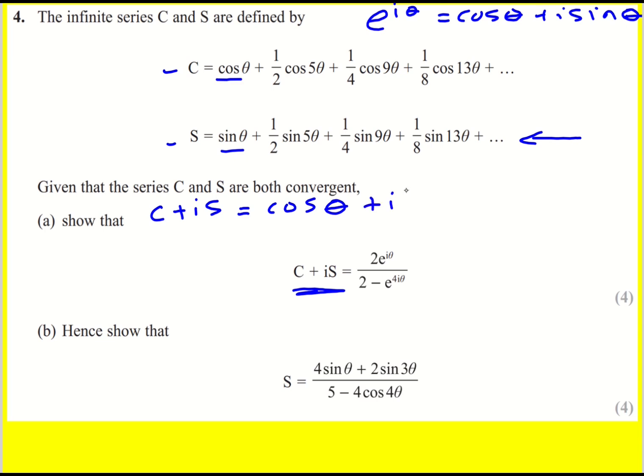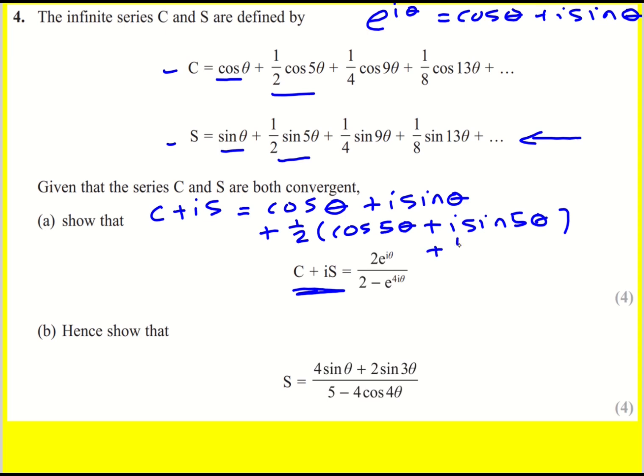So cos θ plus i sin θ, and then plus a half, and I could even factorize out the half, cos 5θ plus i sin 5θ, plus a quarter, cos 9θ plus i sin 9θ, and so on.